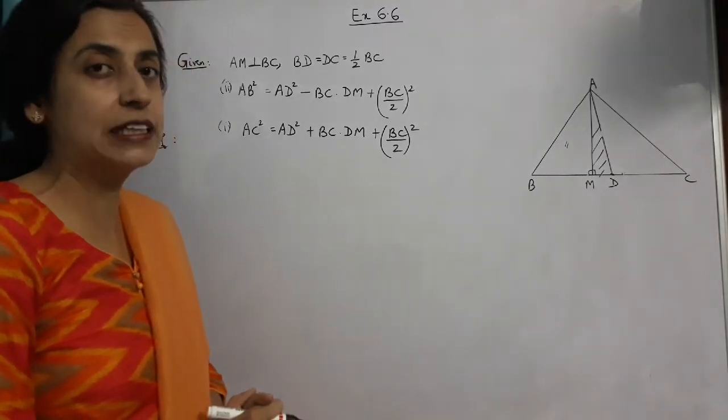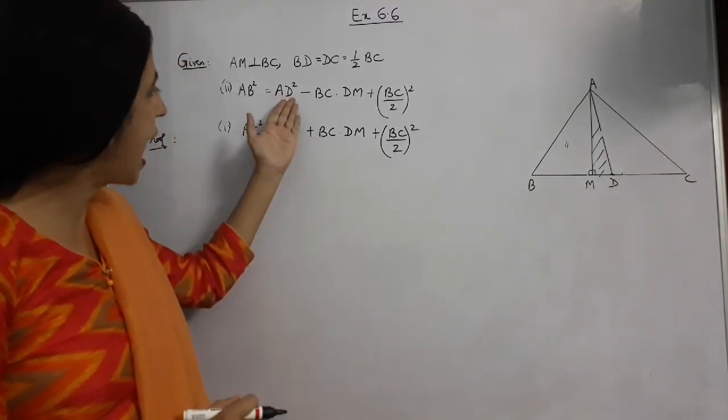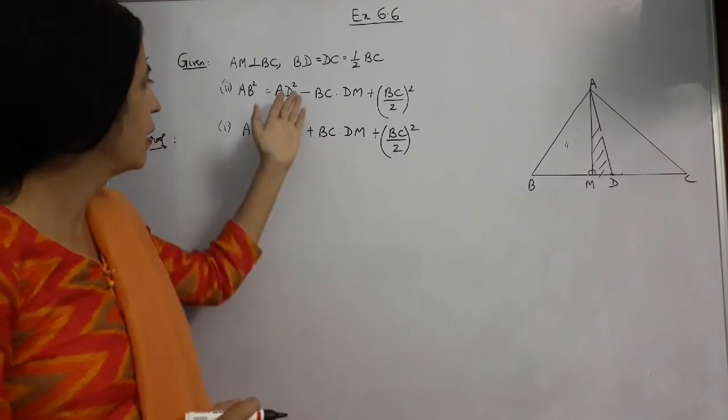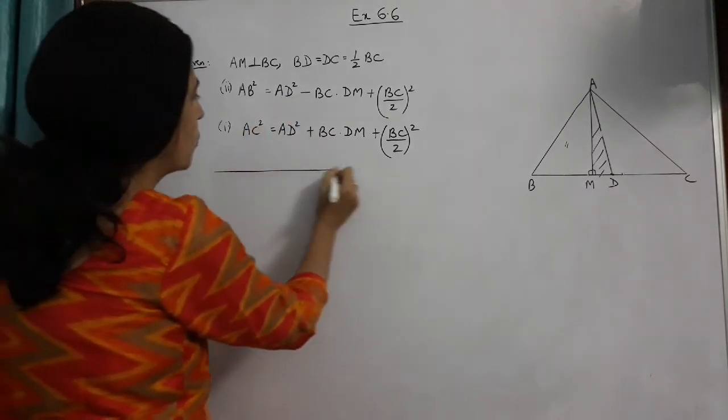Now in order to prove the third part, we will simply add the results that we have obtained in the first part and the second part. So let us simply add these two equations.